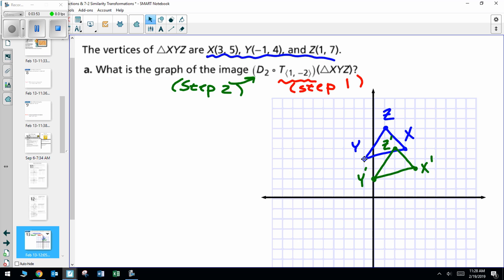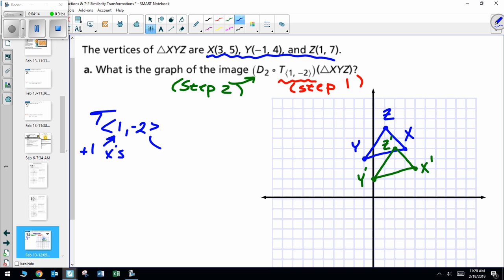And if I'm following along algebraically with this, remember we could have, instead of doing this on a graph, if I wanted to do this and just know the coordinate points, that translate 1, negative 2 means you're going to add 1 to the x's and minus 2 from the y's.